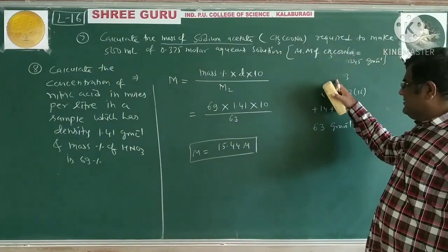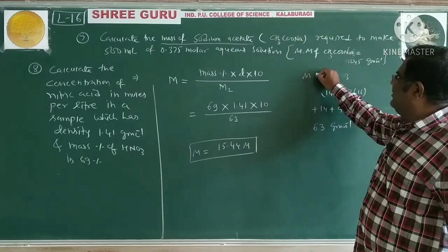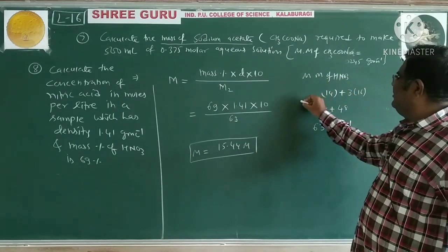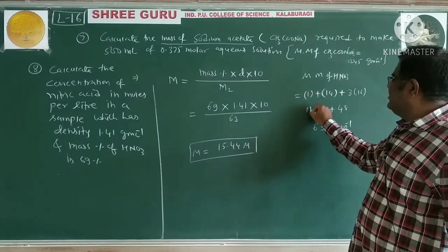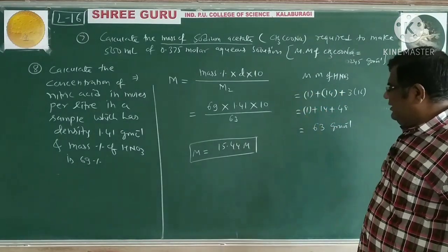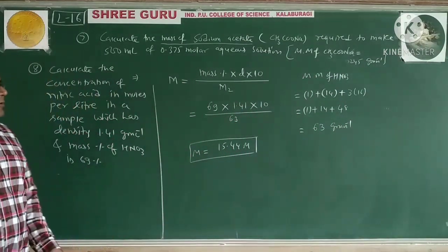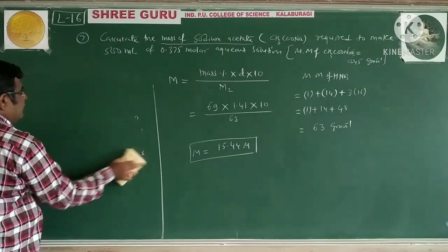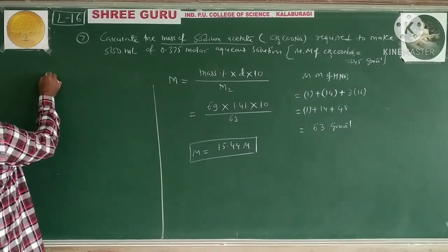I just added hydrogen, nitrogen, oxygen, molar mass of HNO3, 1 plus 14 nitrogen. In that way I have done this. So you write that first. Then we'll go to the next question, question number 9.